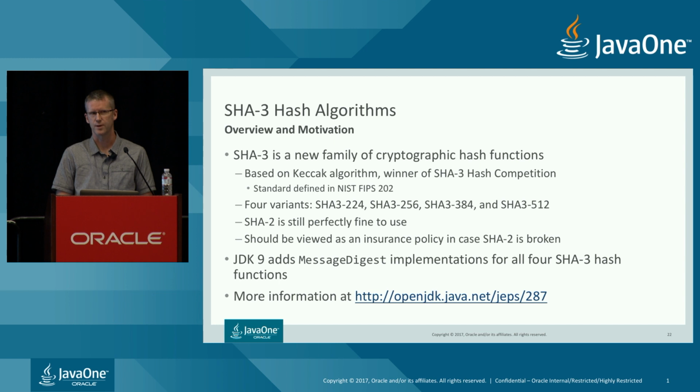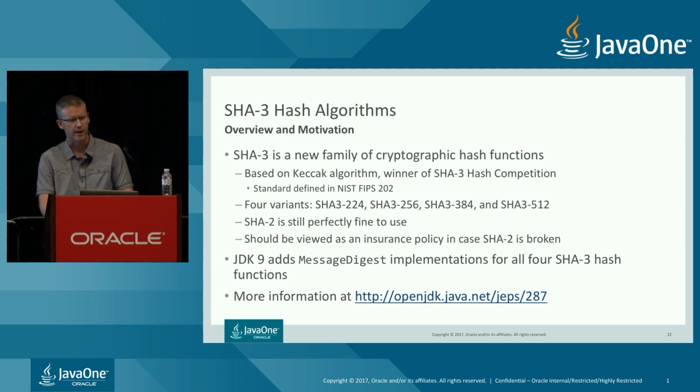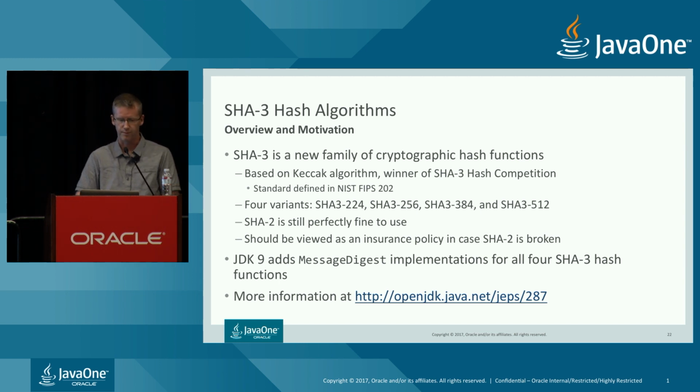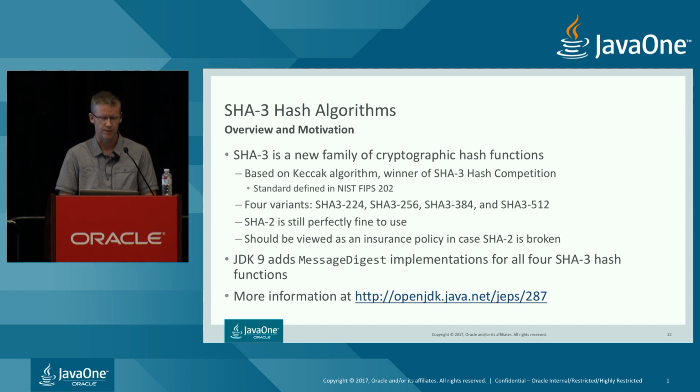It's based on a very different algorithm than SHA-2, so it's very unlikely that SHA-2 and SHA-3 would be broken at the same time. So now you have a drop-in replacement for one or the other. JDK 9 adds message digest implementations for all 4 SHA-3 hash functions, and more information is at JEP 287.